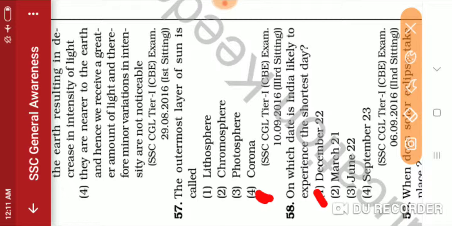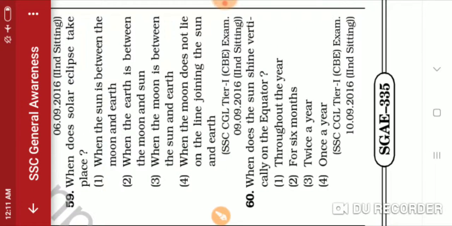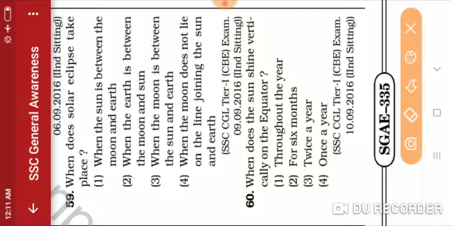Then next question. When does a solar eclipse take place? I told you the solar eclipse takes place when the moon comes between the sun and earth.